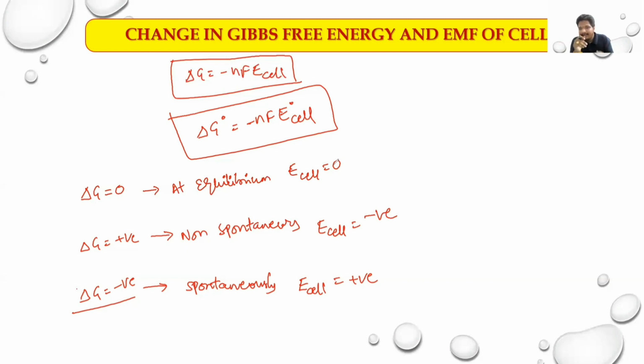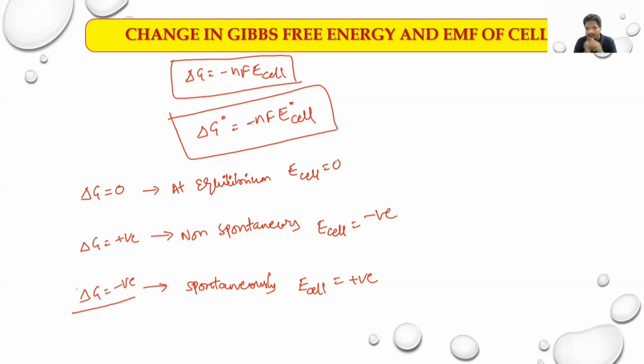So if the change in Gibbs free energy is negative, the reaction will take place spontaneously, and the E cell of that electrochemical cell is positive. This is the relationship between the cell potential, E cell, and the change in free energy of that electrochemical reaction.